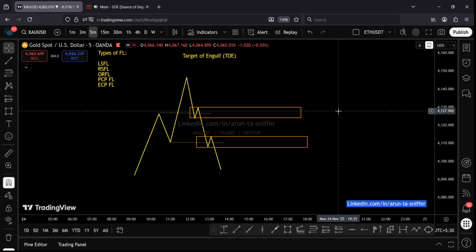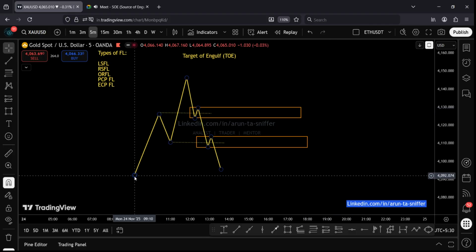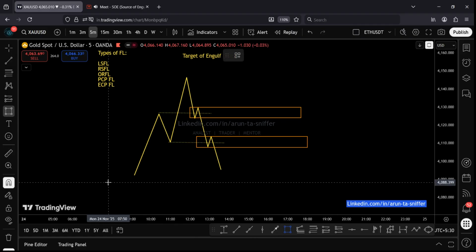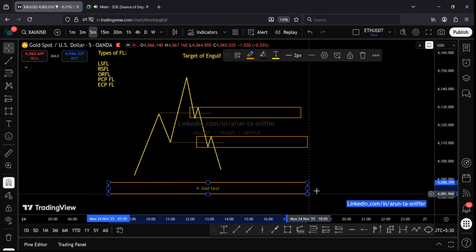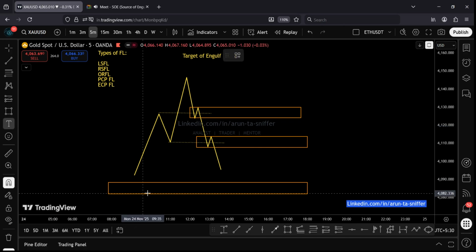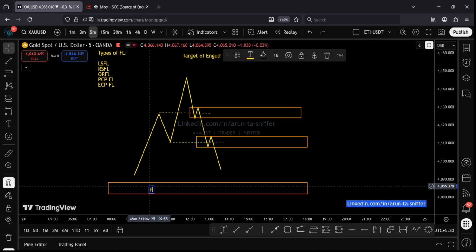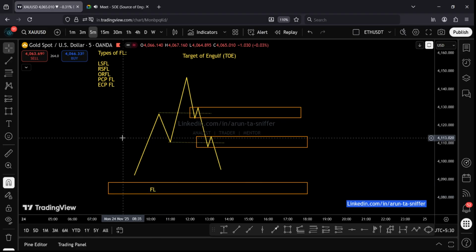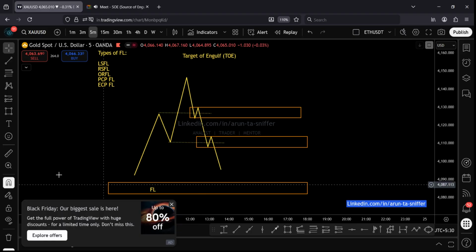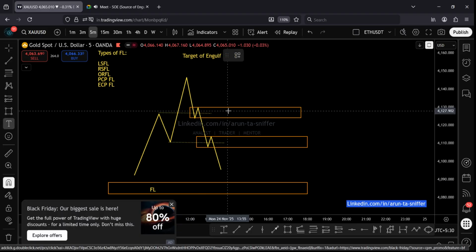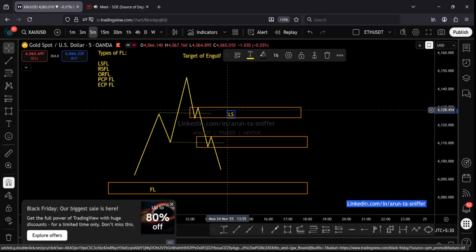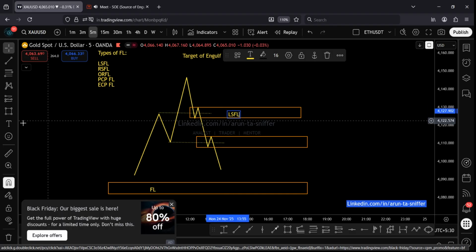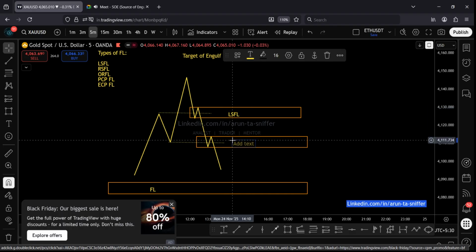So what happens, think like we have next FL here or next level here. See, like some FL is here, or some FL or level, whatever you think. So what will happen when price, let's type LS, LSFL, this one is LSFL, and this one is RSFL.